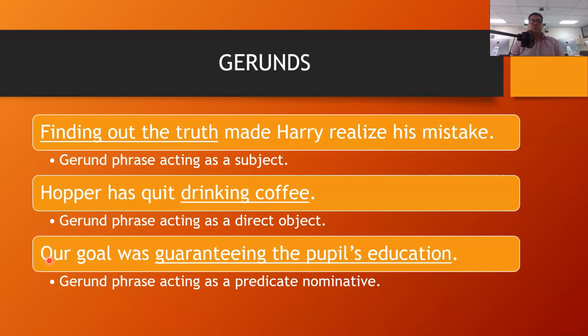Now, here's the tricky part. For us Spanish speakers, it's going to be easier to identify gerunds if we remember that a gerund doesn't exist in Spanish. I repeat, a gerund doesn't exist in Spanish. Teacher, excuse me, but I have studied Spanish and I know that the gerund exists in Spanish.